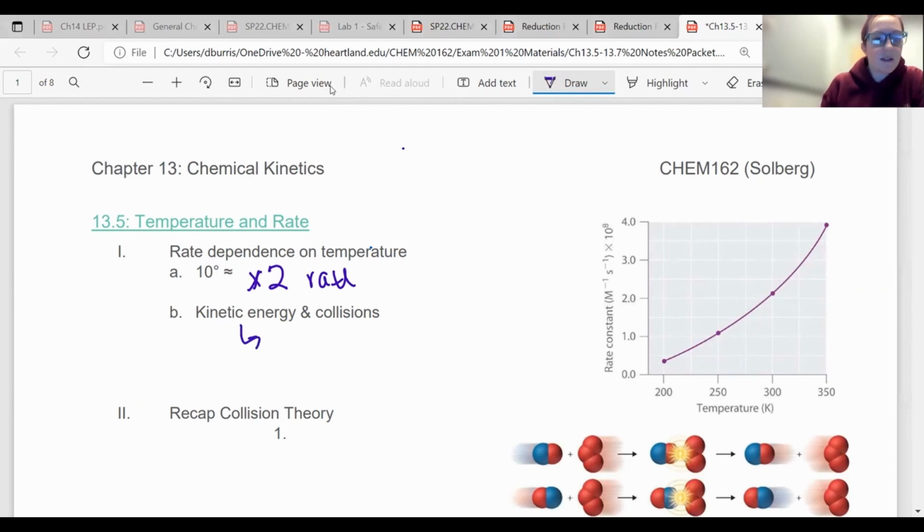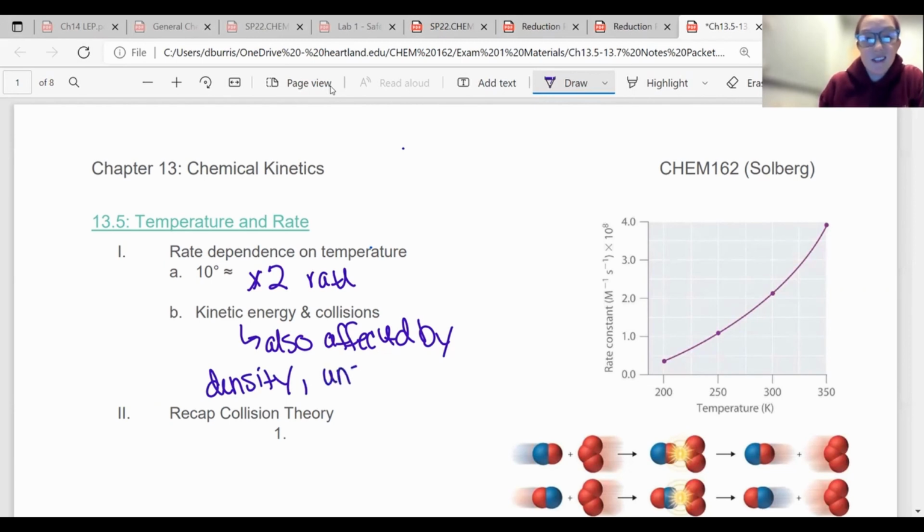That's because those collisions are also affected not only by kinetic energy, but by the density of your substance. There are a lot of unsuccessful collisions. So collisions are going to be based on a lot of things, and the rate obviously is also based on a lot of things.